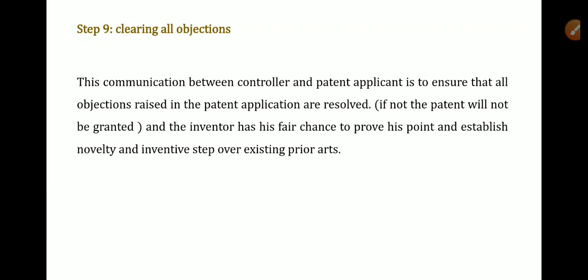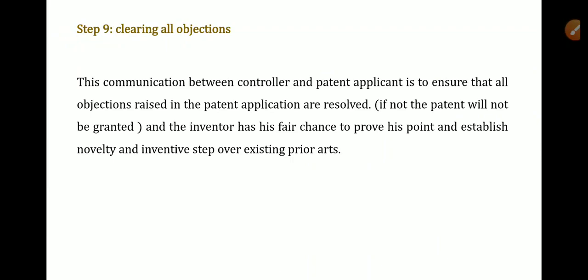And the inventor has a fair chance to prove his point and establish novelty and inventive step over existing prior arts. With the diagrams and the sketches, he can prove that his invention is novel, that it has industrial applicability, and that it has novelty and inventive step over existing prior arts.